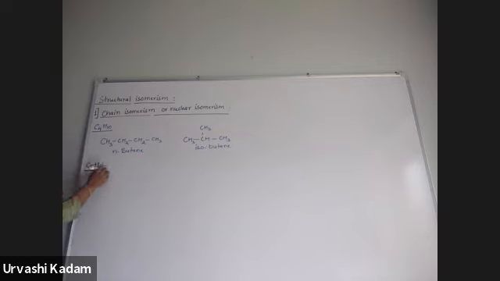So I'm taking the next formula, C5H15, and showing you some chain isomers with this formula.